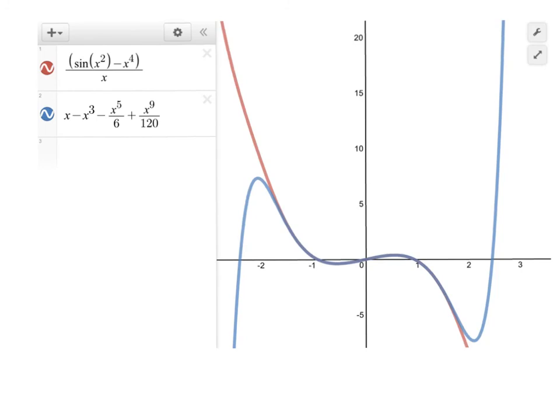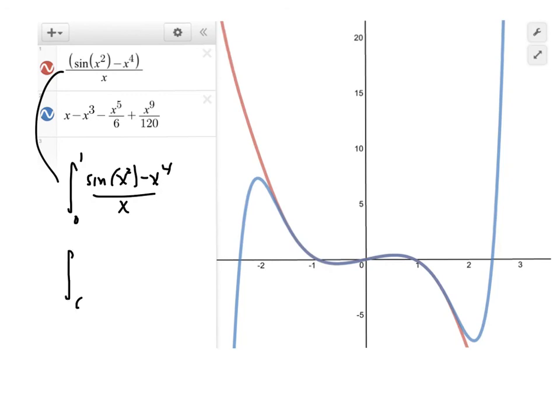Look at this function and think about if you were asked to integrate this. And I said, find the area from 0 to 1 of this function. If I said, okay, integrate that from 0 to 1, you would have no idea how to do it. You would have no idea how to integrate that.